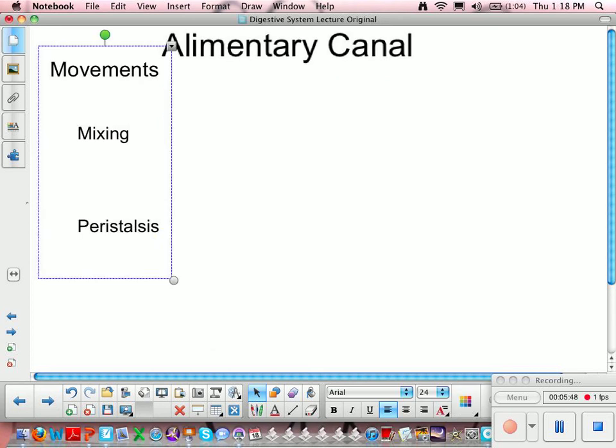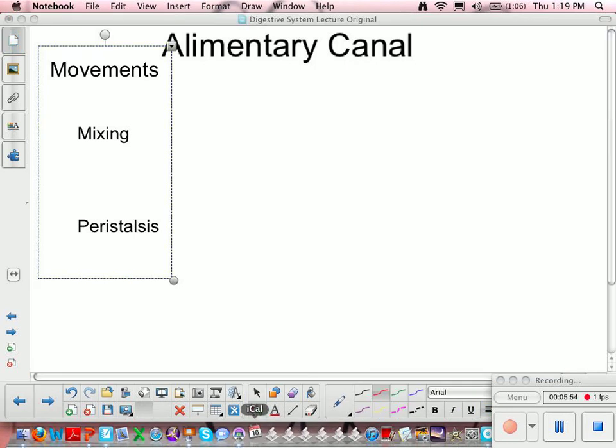The movements in the alimentary canal are two types of movements. So this is how things move through there.